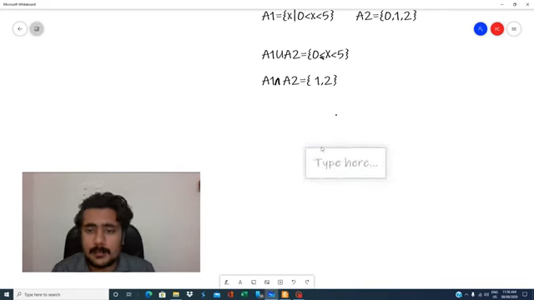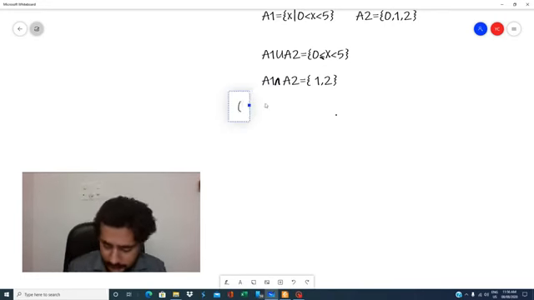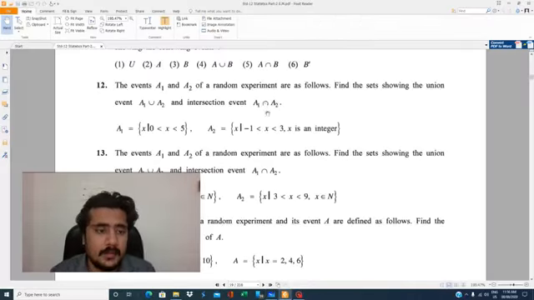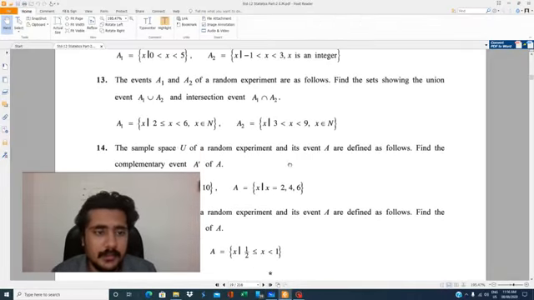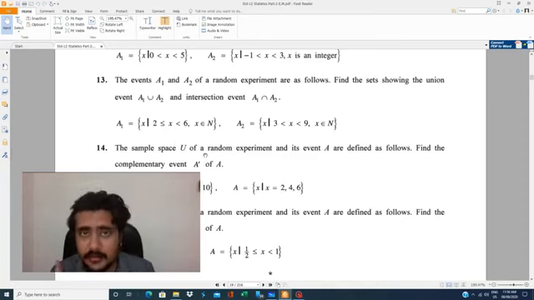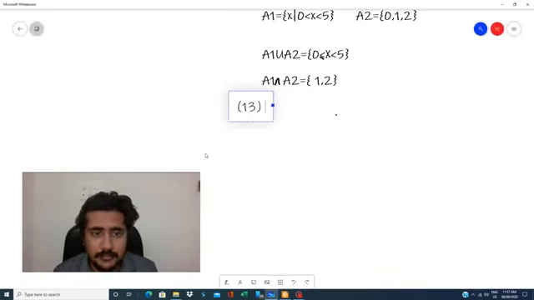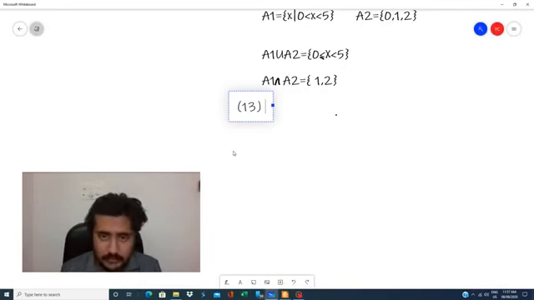Then let us start the 13th sum. Okay. Now what is this 13th sum? A1 is equal to x, 2 less than x less than 6. Here also you need to find union and intersection. Okay, so let us write the question.